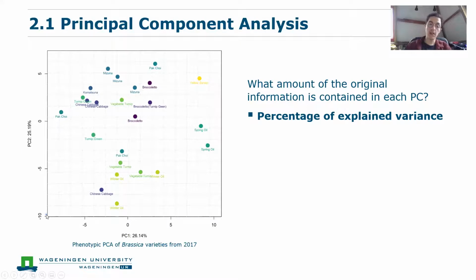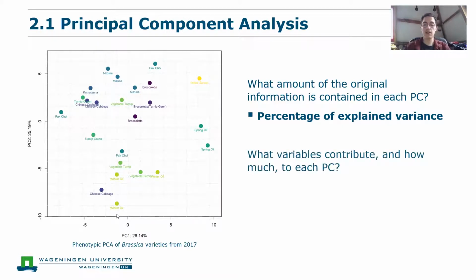So this means that across this axis, there is 26% of the original information that we had in the total matrix, and in this axis, we have 25% of the information. So in total, this plot represents over 50% of the original information that we had.